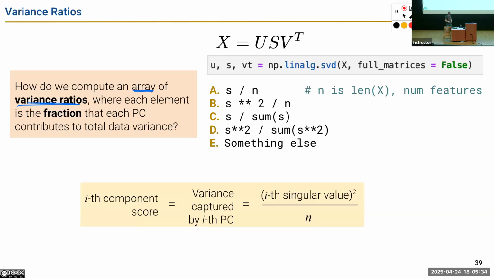How would I compute those ratios using the output of SVD? I'll put up the Slido in just a second where you can enter your answer, but think for a moment. This is an important computation when you're doing PCA.